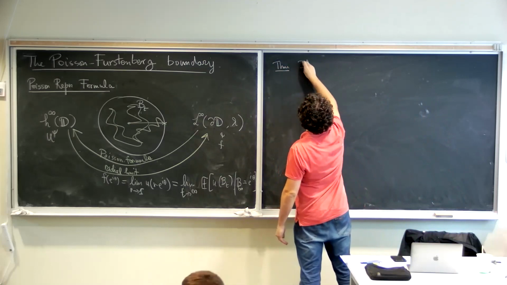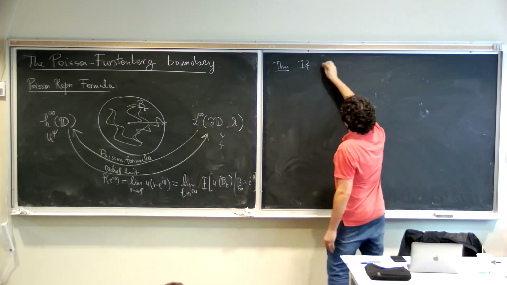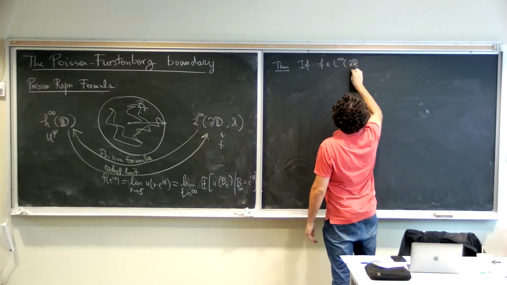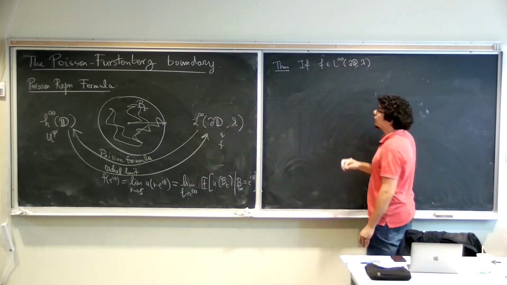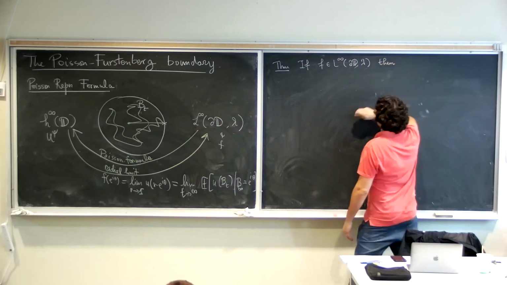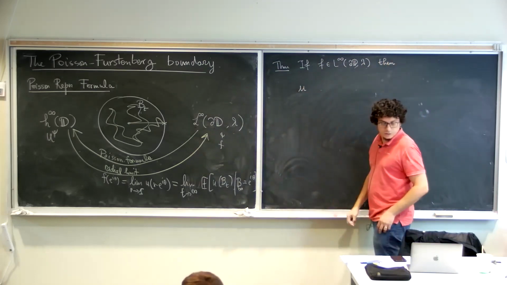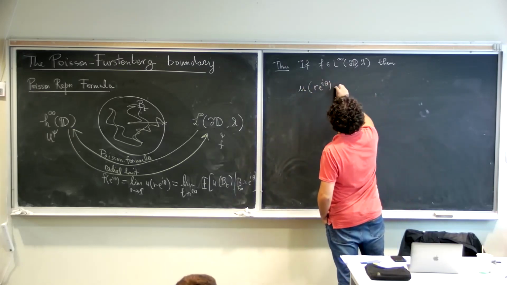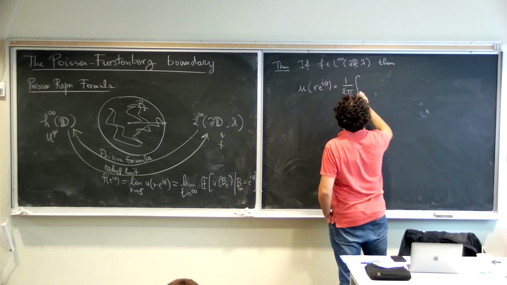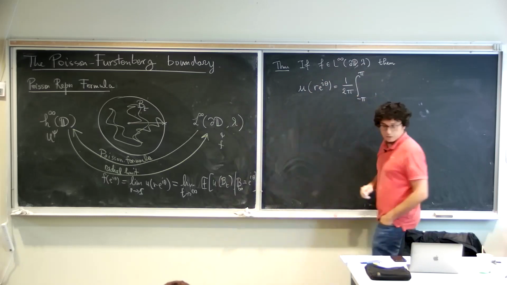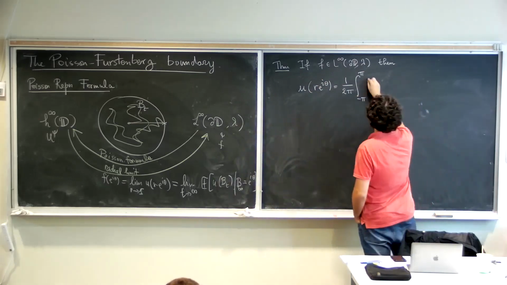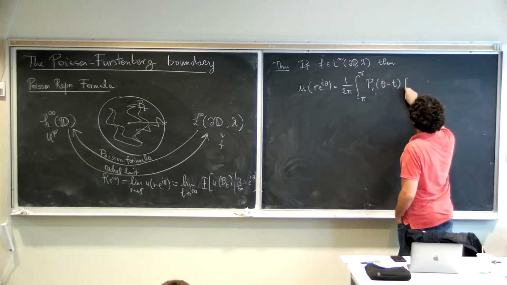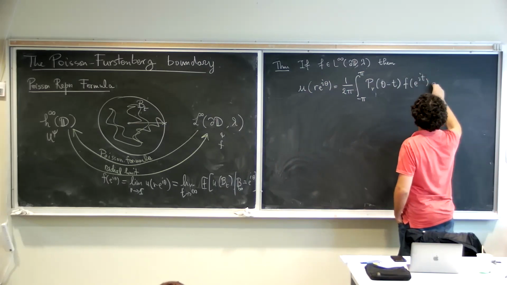If f is a bounded function on the boundary of the disk, then you define u of r e to the i theta as 1 over 2 pi times the integral from minus pi to pi of the convolution P_r of theta minus t, times f of e to the it, dt.